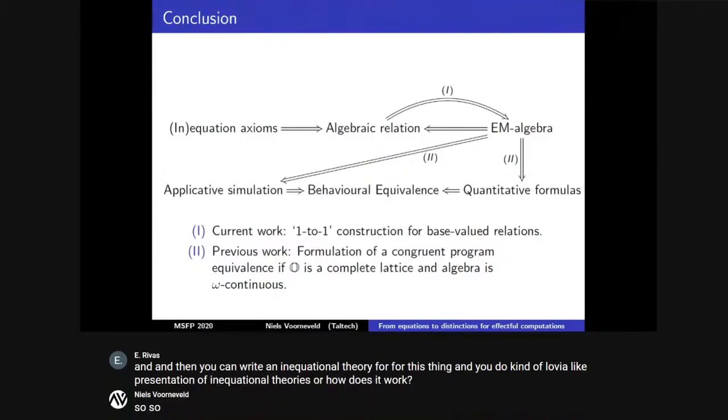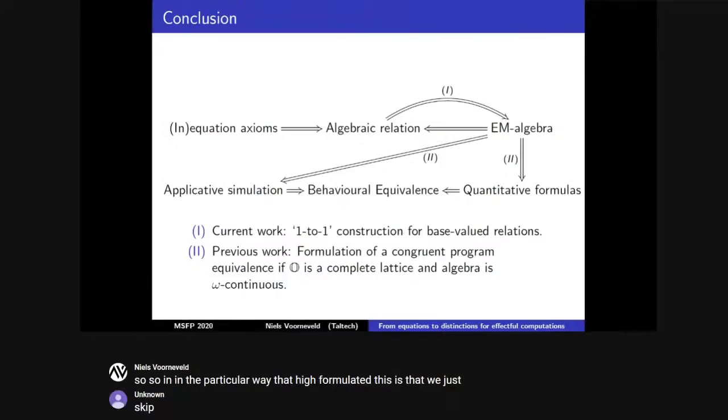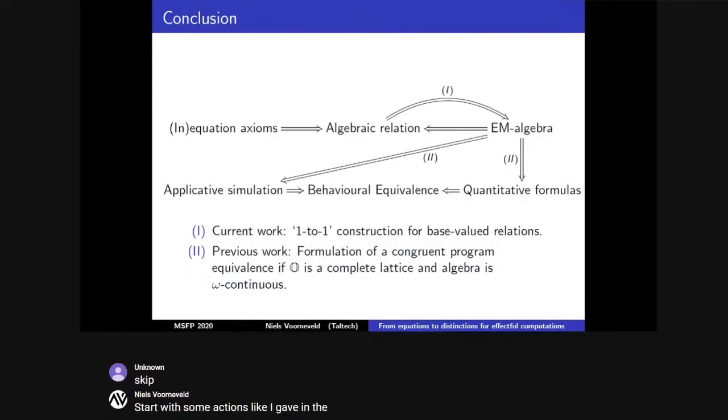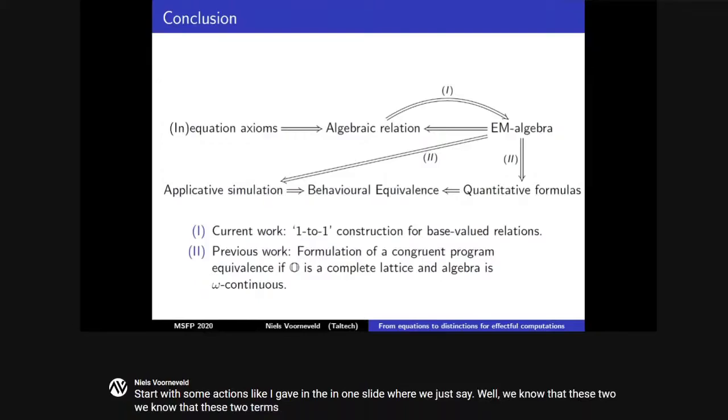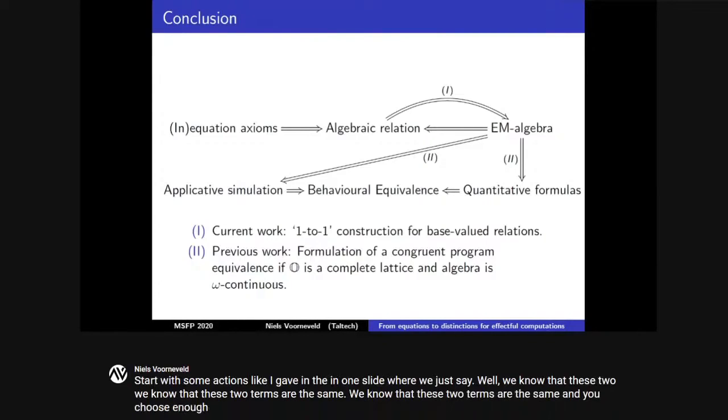In the particular way that I formulated this, we just start with some axioms, like I gave in the one slide, where we say, well, we know that these two terms are the same, and we know that these two terms are the same, and then you choose enough axioms so you know that you've captured everything.